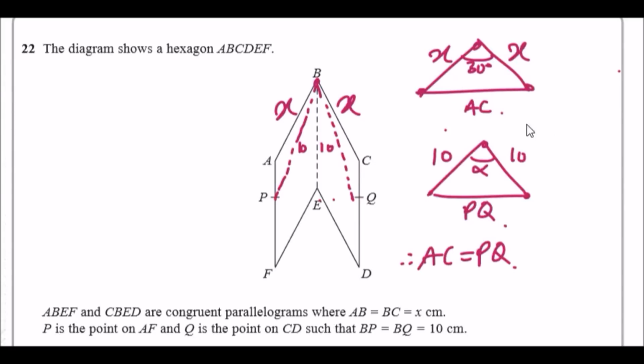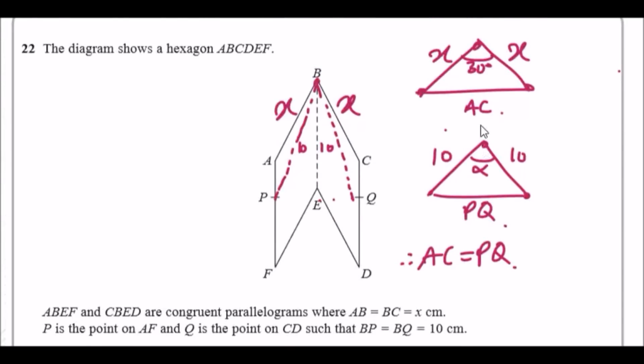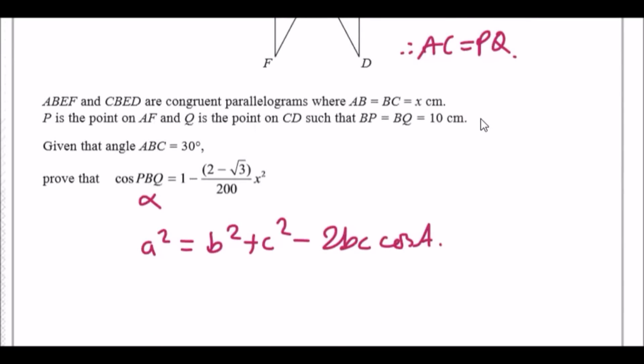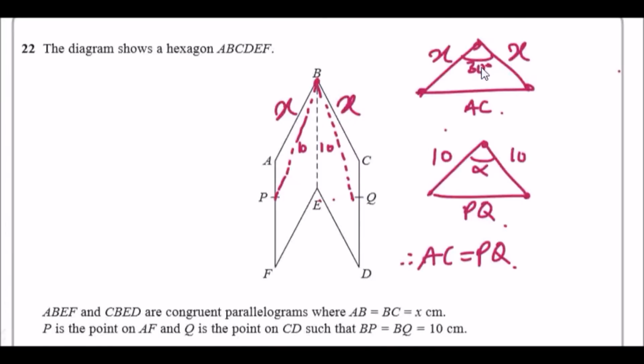You could let AC be your little a, and the angle be the capital A. Using the general formula, a squared equals b squared plus c squared minus 2bc cos A, that little a is AC squared. The little b and little c are the x's. So x squared plus x squared minus 2 times x, which is 2x squared, cos 30.